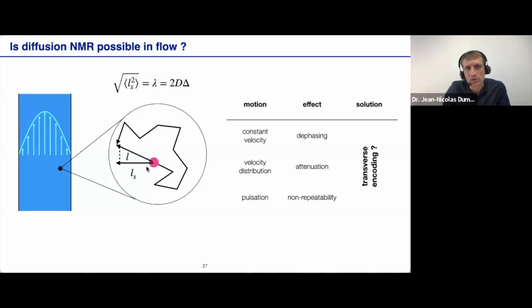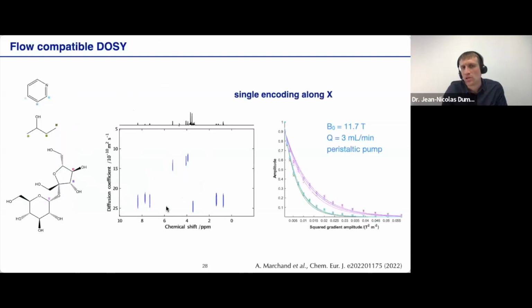And so in this case, we tried using the X or the Y axis to encode the diffusion information, which should be much more robust than using the Z axis. And if we did that alone, it's not as bad as using the Z axis, but it's clearly not perfect either.